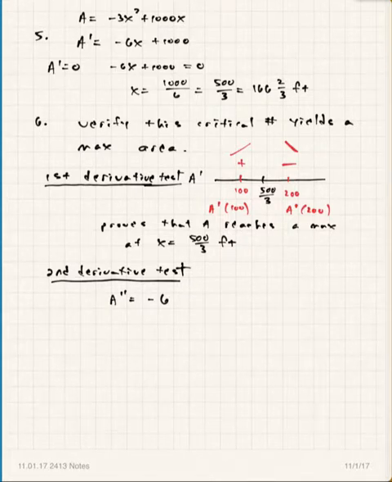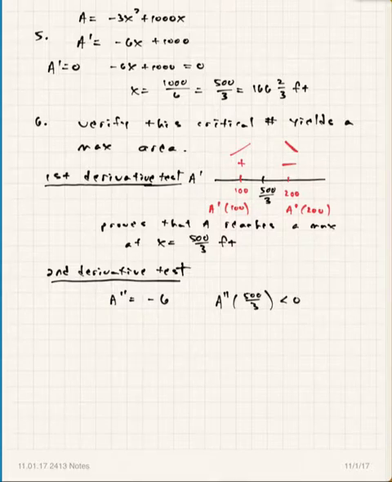And we evaluate the second derivative at the place where the first derivative was 0, so at 500 thirds. Well, the second derivative is a constant, so it's always negative 6. So the second derivative evaluated at 500 thirds is certainly negative because it's equal to negative 6.